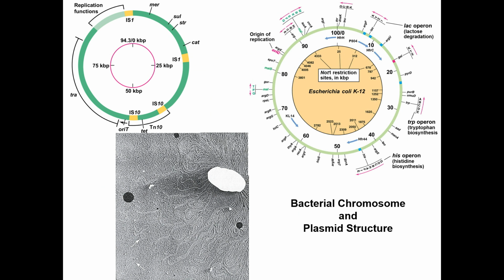Now, looking at a bacterial chromosome, a nuclear chromosome, versus a plasmid. Recall that bacterial cells have extrachromosomal DNA that we call plasmids.